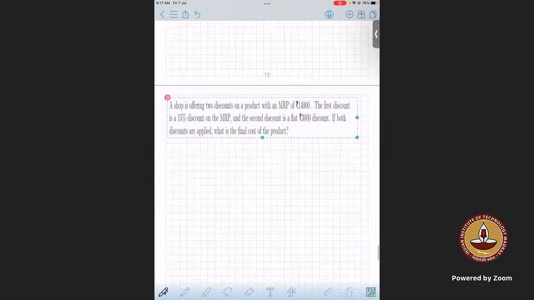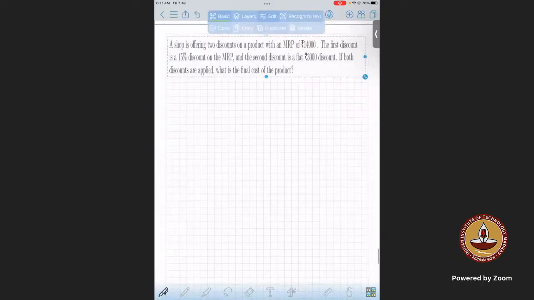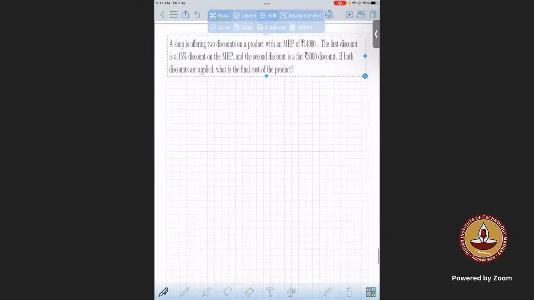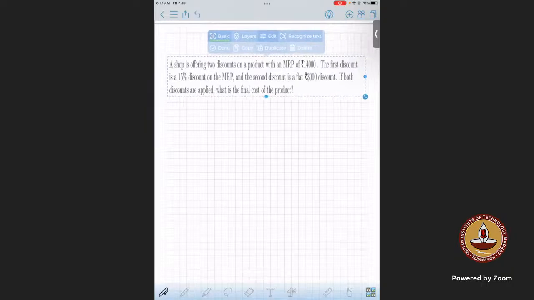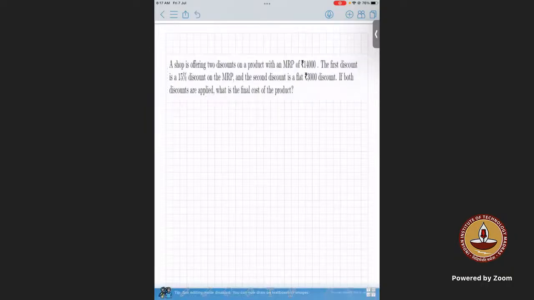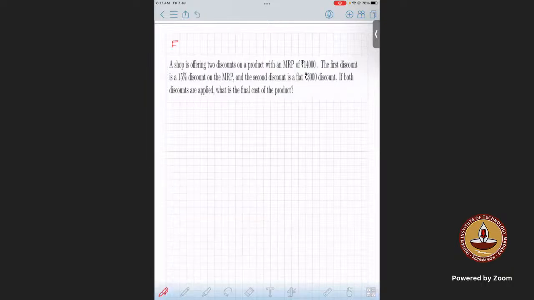Are you able to see the problem? The first discount is 15% discount on the MRP, and the second discount is a flat 3000 discount. If both discounts are applied, what is the final cost?